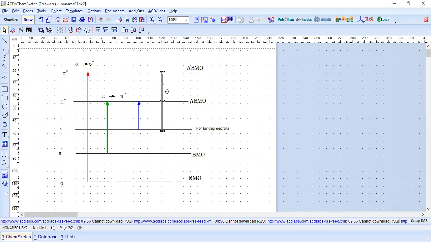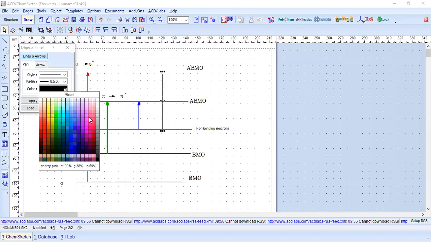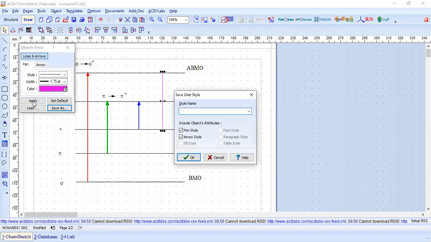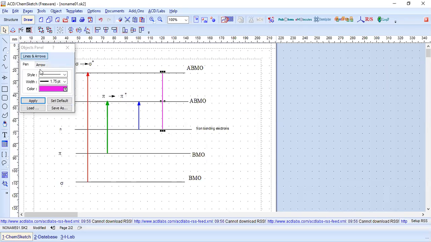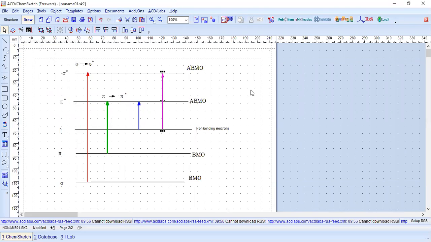And this one we will select with a pink color. Just four types of transitions we are seeing in organic molecules.